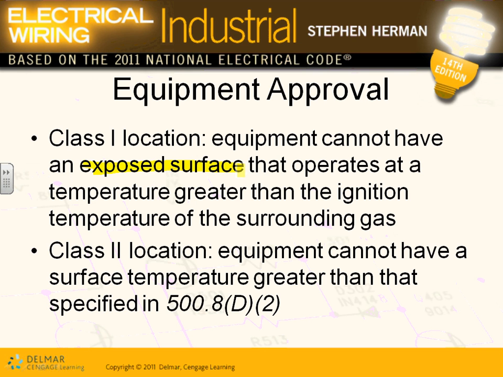You have a gas over here, and the temperature of that lens is right above your head. If it exceeds the igniting temperature of that gas or dust or fiber, then you'll create a fire. So the key point is that the operating temperature shall not be greater than the ignition temperature of the gas. That's it. That's the key point.